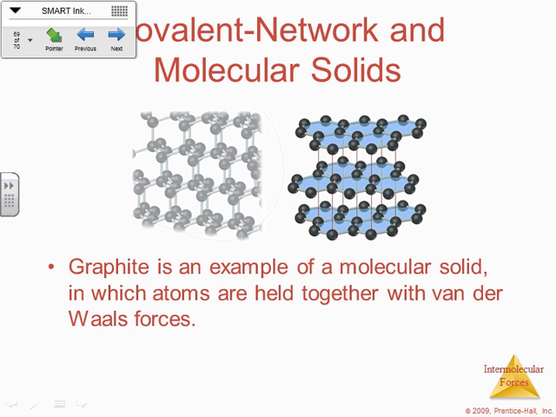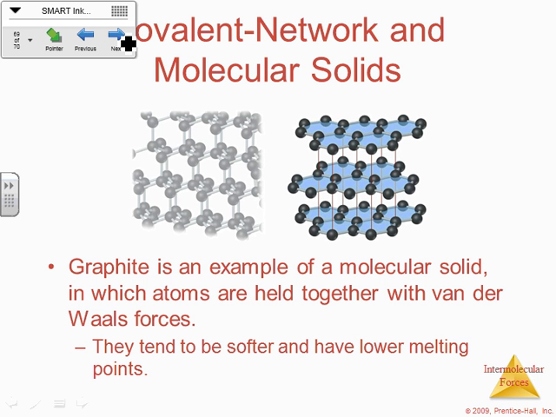Now graphite, on the other hand, is a molecular solid, and the atoms are held together with van der Waals forces, which this set of notes is calling van der Waals, what we call London dispersion, LDF. Graphite is really soft. They're both made out of carbon, right? One is carbon that's covalently bonded. That's diamond.